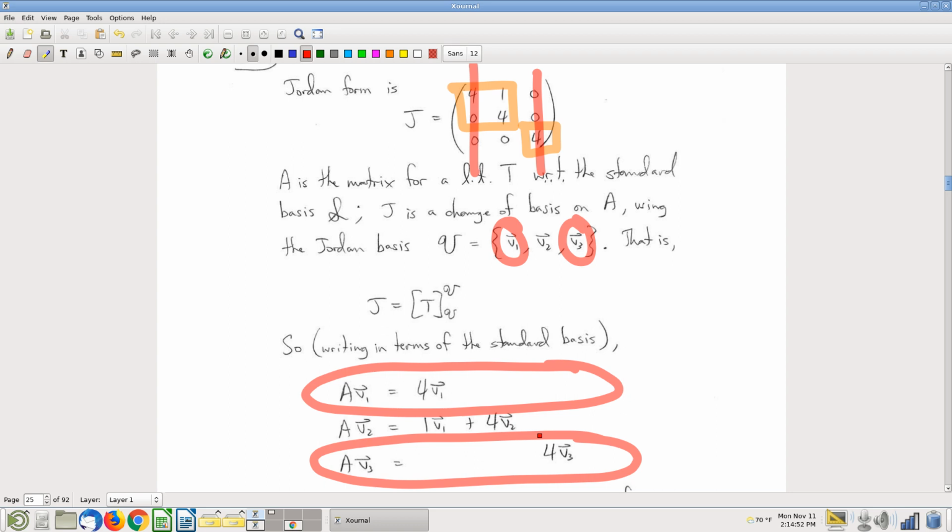And in the language of the standard basis, we represent T with the matrix A. So this is just S language, S talk, for T of V1 is 4V1, T of V3 is 4V3. But writing it in standard basis language, it tells me that V1 and V3 are eigenvectors.